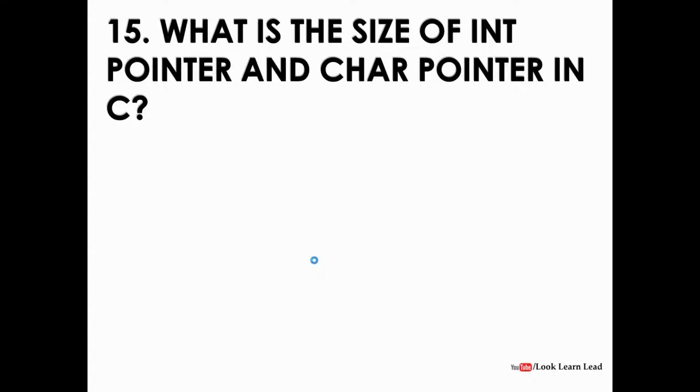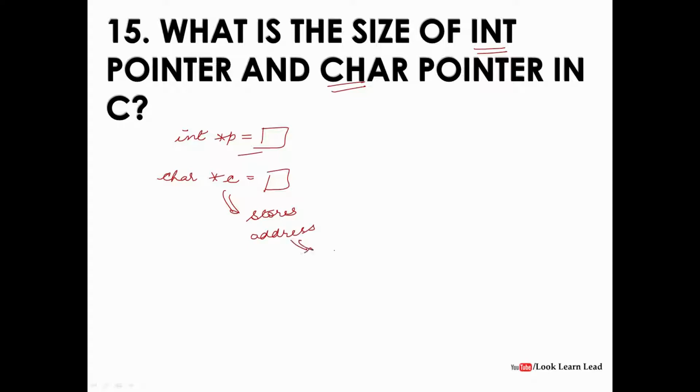What is the size of a pointer, the size of an integer pointer and a character pointer? So we have an integer pointer and a character pointer. An integer pointer would store some integer, and a character pointer would store some character. Now what is a pointer? A pointer stores an address.